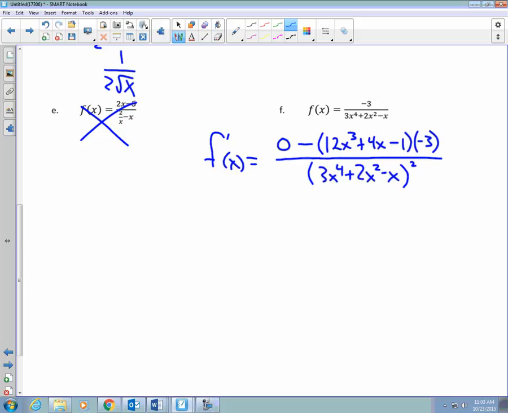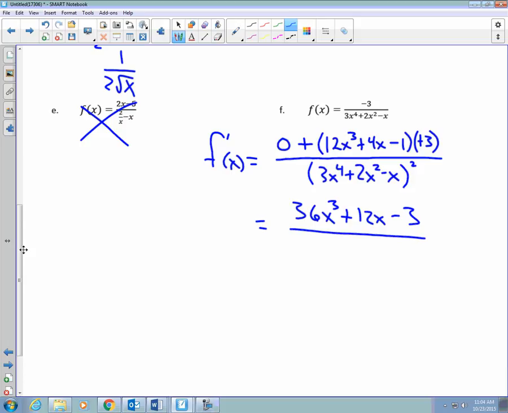All right. So nothing cancels here, but I'm just going to clean this up a little, because I have a negative, and a negative is going to make a positive, and I'll distribute the 3. So I'll get 36x to the third plus 12x minus 3, because it'll switch to a positive 3, right?